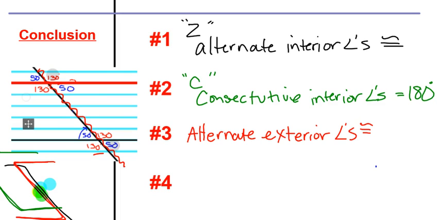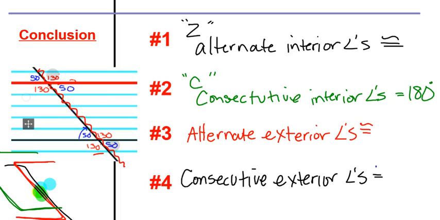They are supplementary. So we're going to fill that in. We have consecutive exterior angles. Those equal 180 degrees.